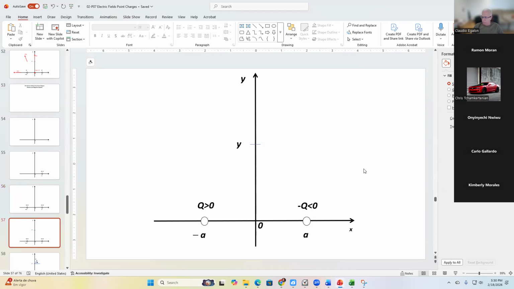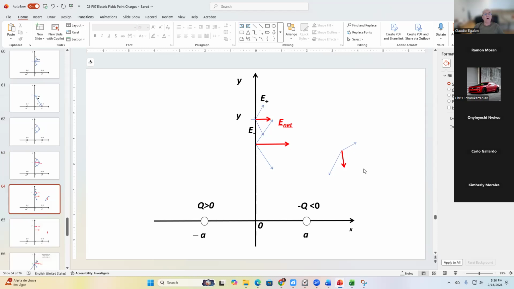I'm going to brush up very quickly because I want to start something else. The electric field along the y-axis is going to point in this direction for the positive charge, and another field is going to point along this direction for the negative charge. Along the y-axis, the net field will always be in the horizontal direction.